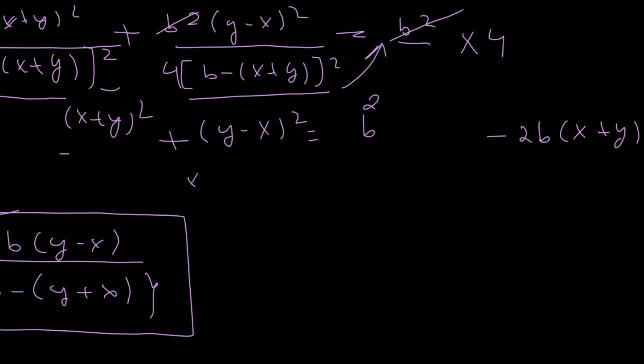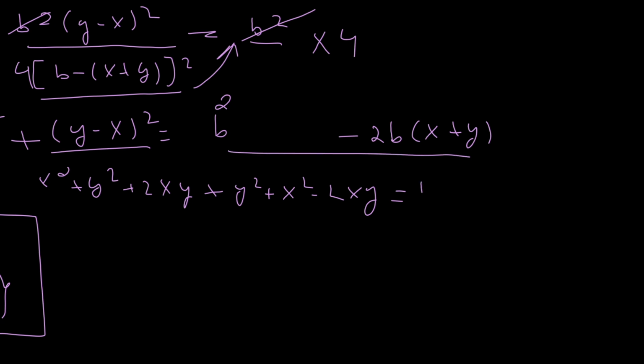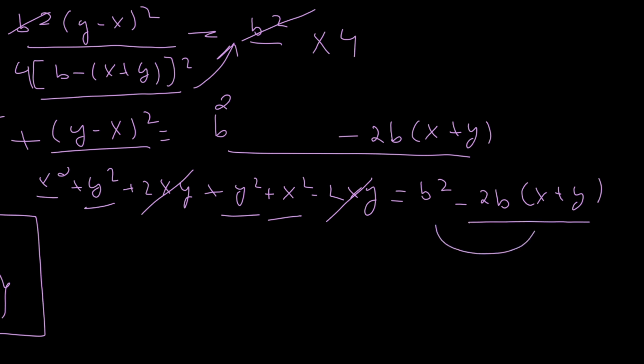Now I will open these two brackets and just simplify them. So first of all, this bracket will give me x square plus y square plus 2xy, and this bracket will give me plus y square plus x square minus 2xy, and this thing equals to, now this side we have remaining b square minus 2 times b times (x plus y). Now plus 2bx minus 2bx got cancelled out, x square plus x square is 2x square, y square plus y square is 2y square, and I will just divide 2 in this whole equation at the same moment and bring this term on the other side.